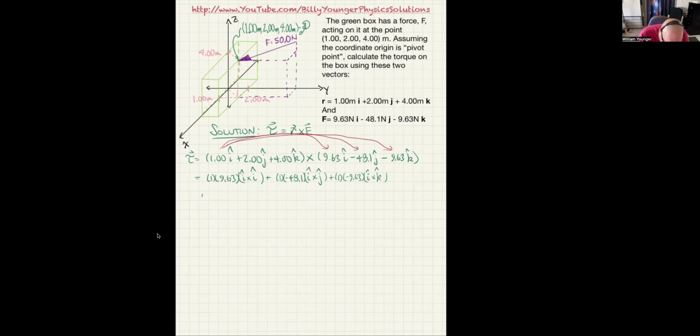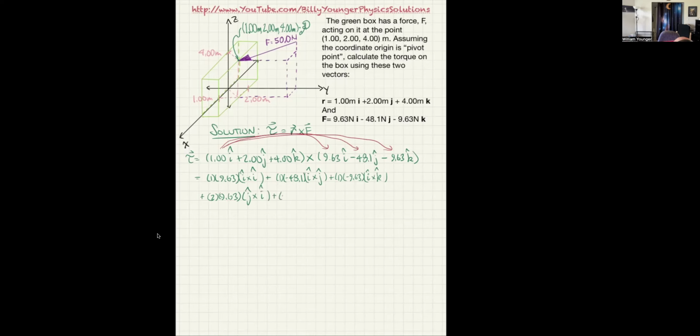Now I'm going to do the second term in r and let it hit each of them. So this will be 2 times 9.63 times j hat, because the 2 is the j hat term, so it'll be j hat cross with i hat. Now I'm going to let the 2 hit the negative 48.1.